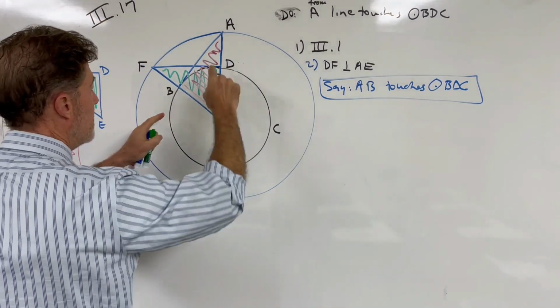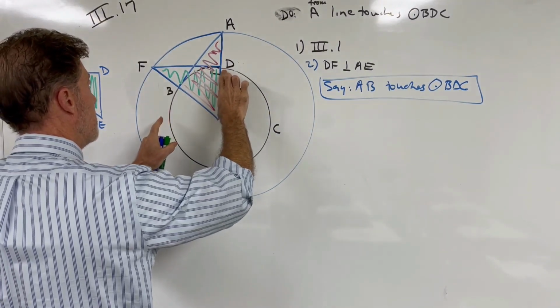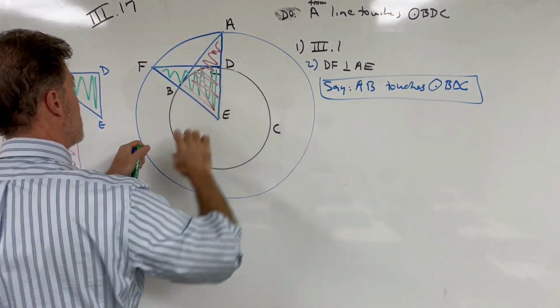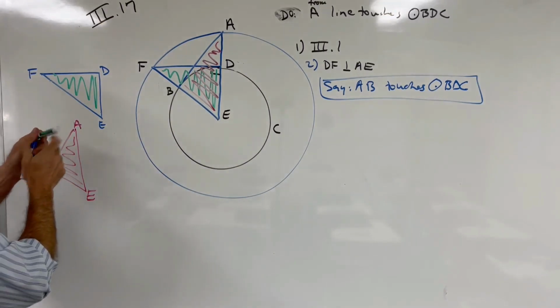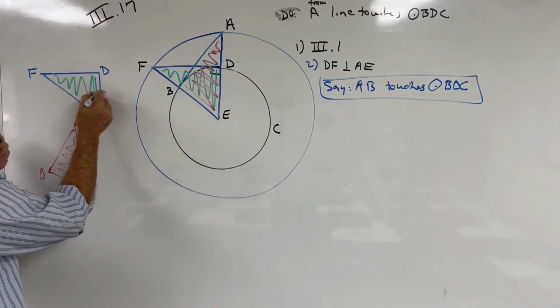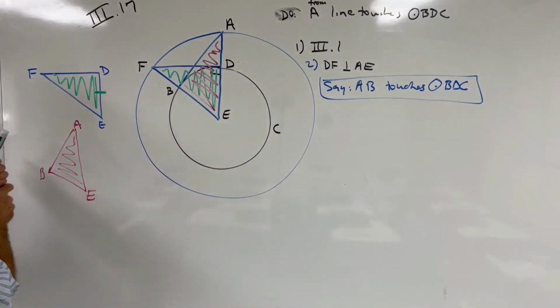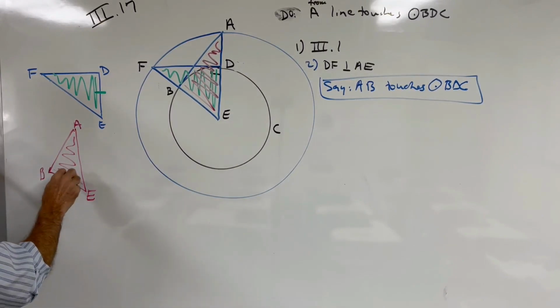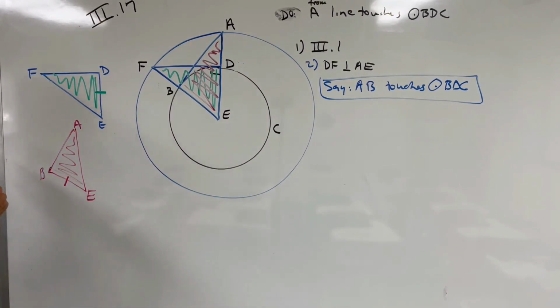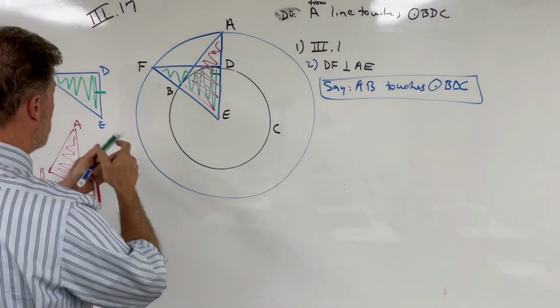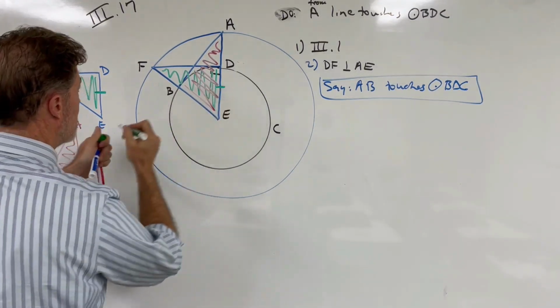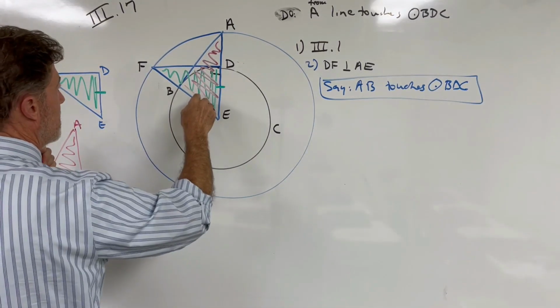If we look at the smaller circle, we can see that radius ED is equal to radius EB. So let's mark that. They're both radii of this smaller circle. Marking them up here, this is equal to this.